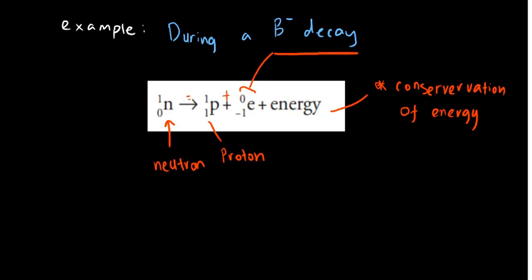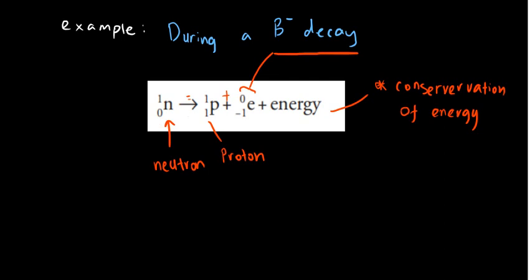So during a negative beta decay, this is not the parent nucleus because this is just a radiation decay. I just want to give you an idea of the nucleon number and the charge. If you remember, the top one is nucleon, the bottom one is the charge.